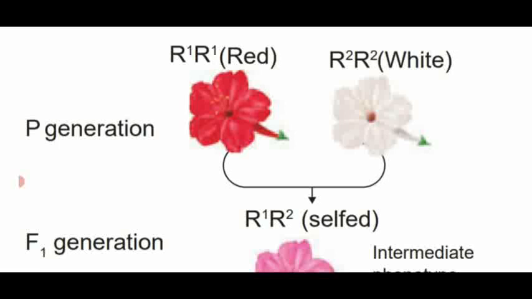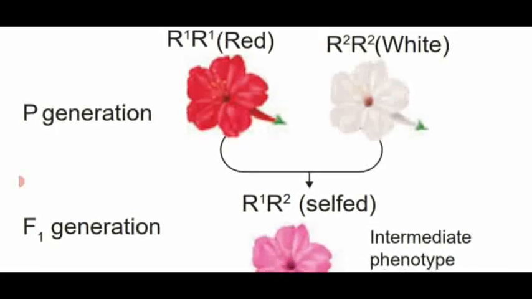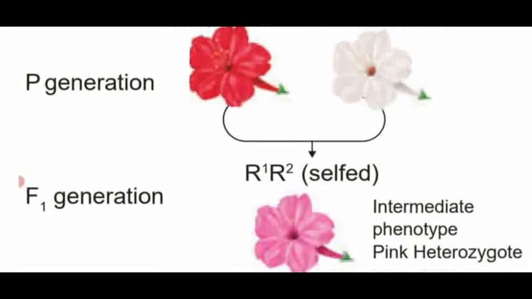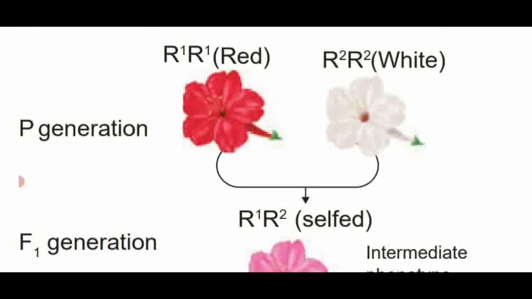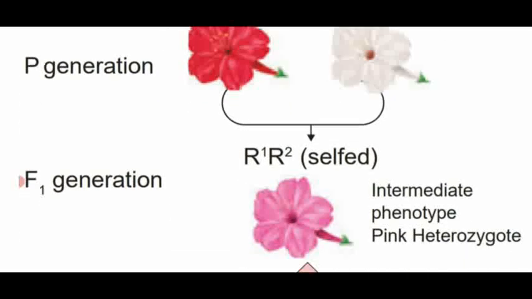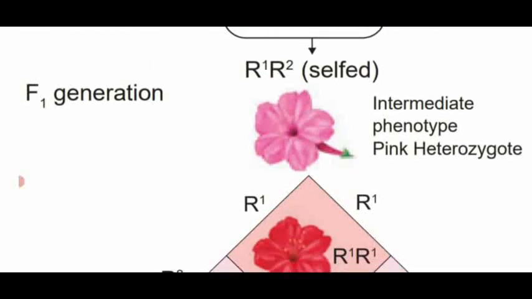The genotype of red color is R1R1, and the white color is R2R2. In the F1 generation, we do not get the dominant character of R1R1, but we get the intermediate character, that is pink color, with genotype R1R2. It is the heterozygous F1 hybrid produced in the F1 generation.